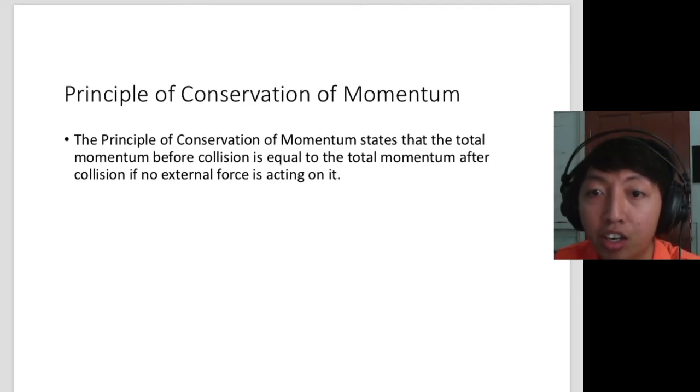Let's say we have a collision. We have two objects moving from different directions, one from this side and one from this side. As we're moving, we're about to collide. This object has a certain amount of momentum, and this object has a certain amount of momentum. Okay? I hope you're understanding so far.